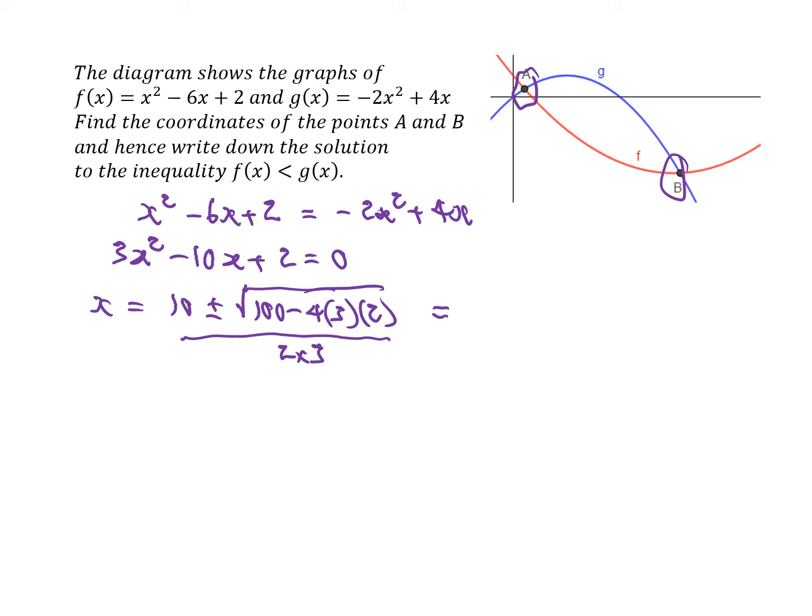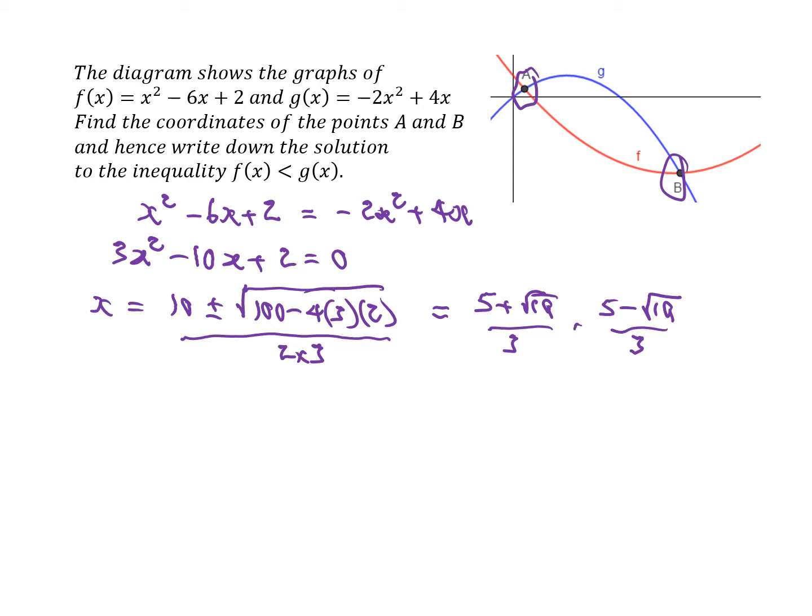And you can pop those numbers into any calculator, I would think, and get the answers 5 plus root 19 over 3 and 5 minus root 19 over 3.